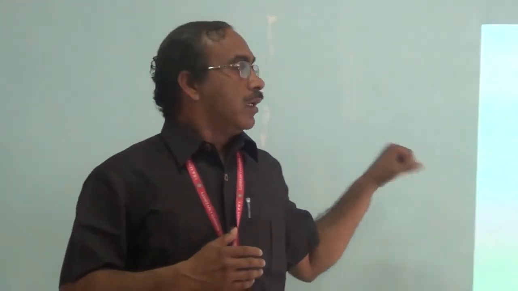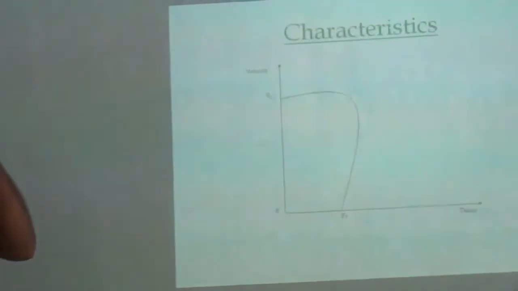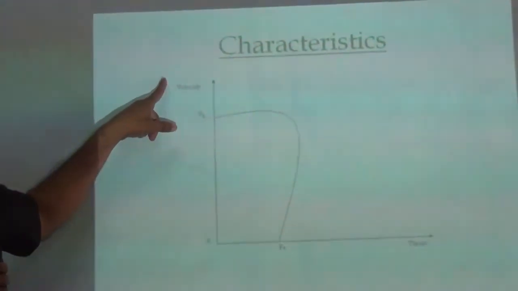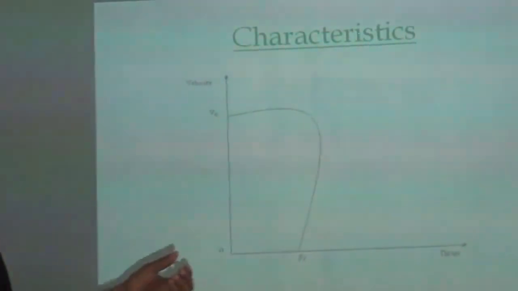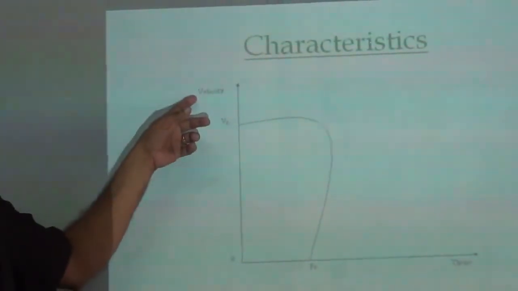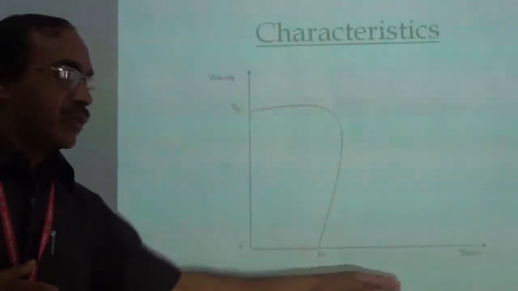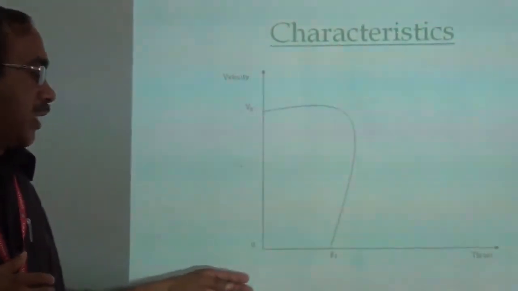Then, coming to the characteristics of the linear induction motor, here we draw the relation between the velocity and the thrust, which may also be called force. In the y-axis the velocity is drawn, and in the x-axis the thrust is drawn.